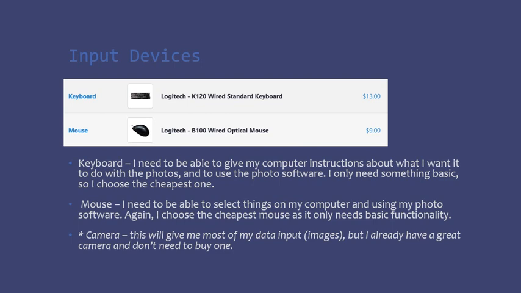So the keyboard was bought because it was only basic, and so they chose a cheap one. A mouse, again, just needed one that was basic, so they explained why they bought that. They also put in another input device, a camera, for giving most of the data input, but they already had one of those, and so they didn't need to buy another one.